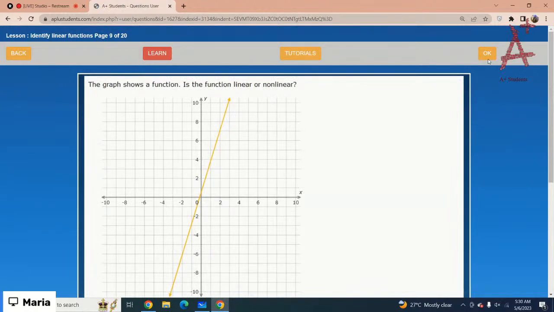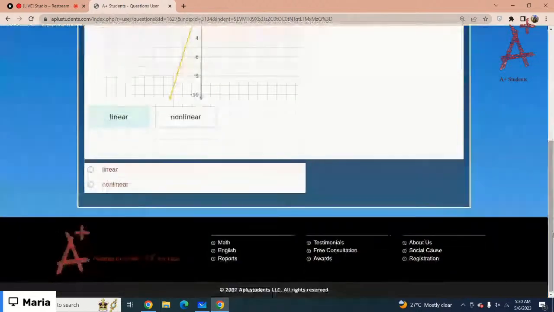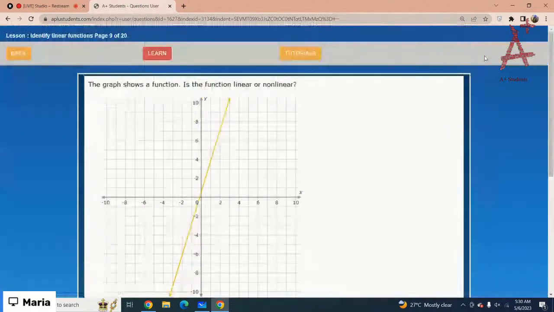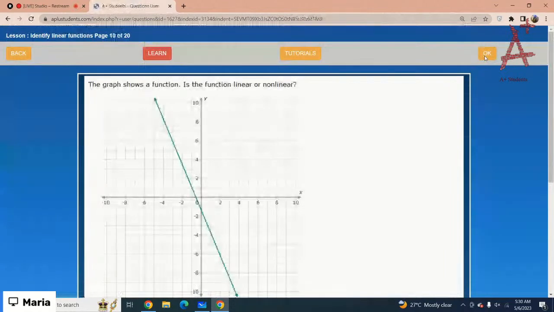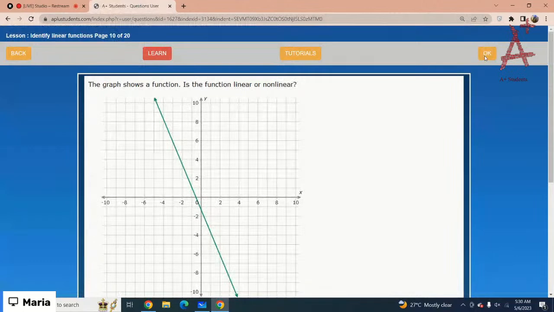The graph shows a function. Is the function linear or non-linear? This is a linear function. The graph shows a function. Is the function linear or non-linear? It is the linear function.